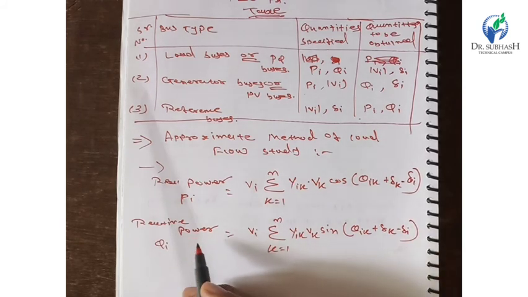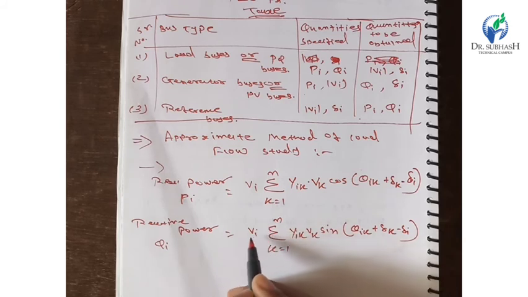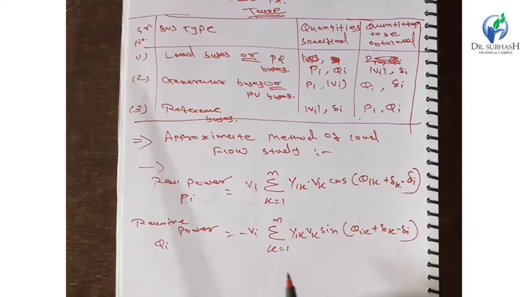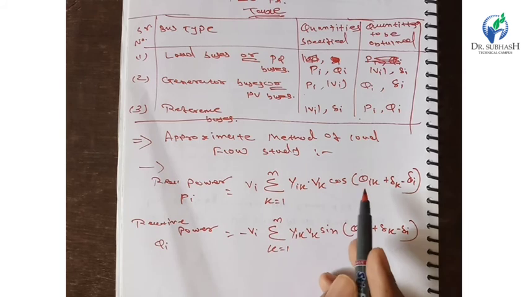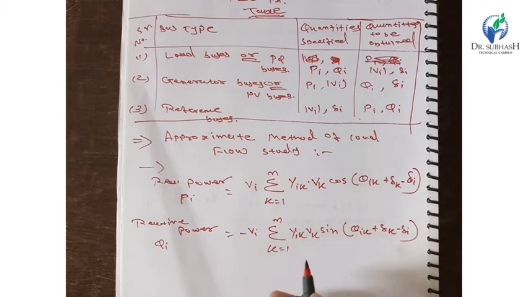It is the reactive power value, so we write it with a negative sign. Here i and k are indices: the ith value represents 1, 2 up to n, and kth value represents the real and reactive power. The angle theta is generally 90 degrees.